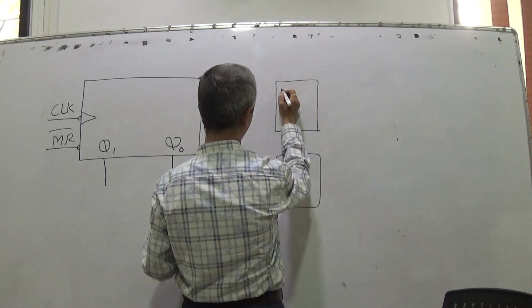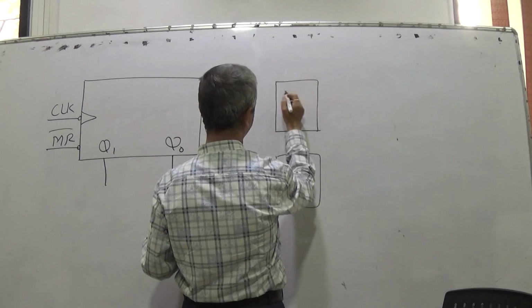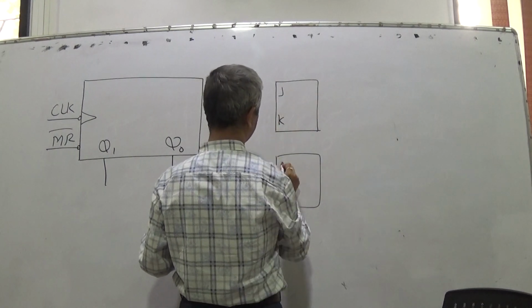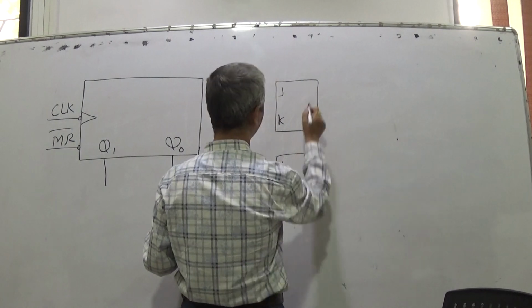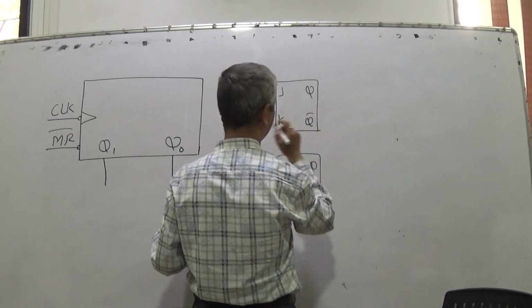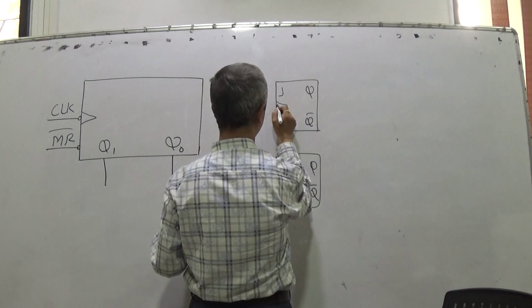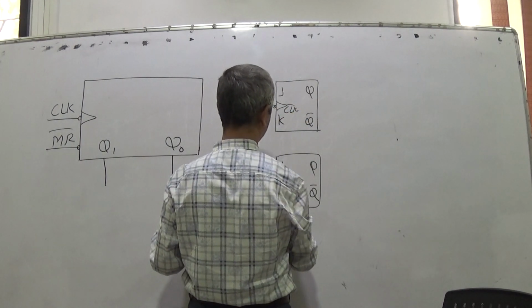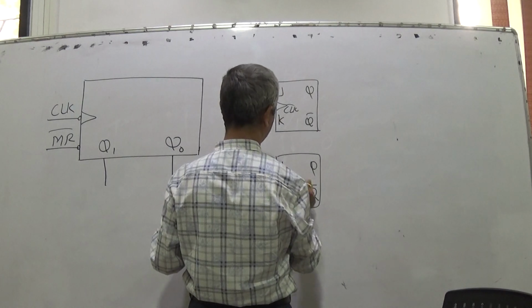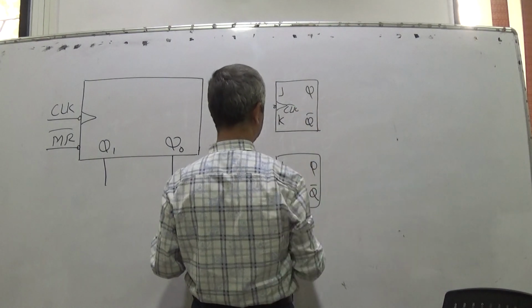Now when there are 2 flip-flops, internal names J, K, just like global and local variables, Q, Q bar, Q, Q bar. Clock is there, CLK bar, CLK bar. It is having master reset.